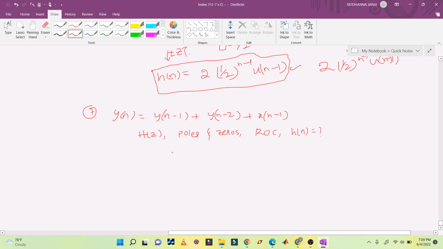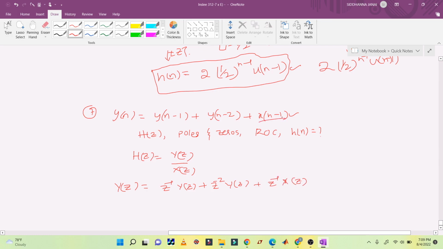Usually we know the equation for h of z is y of z by x of z. That means we need to take the z transform of the given difference equation. So y of z is equal to z inverse into y of z plus z to the power minus 2 y of z plus z to the power minus 1 x of z.